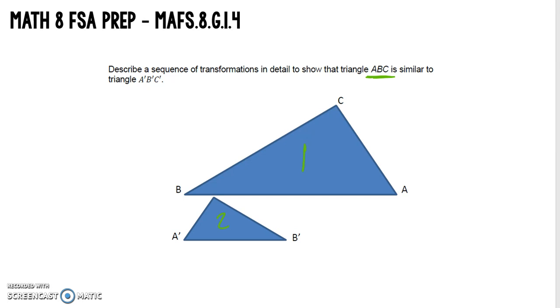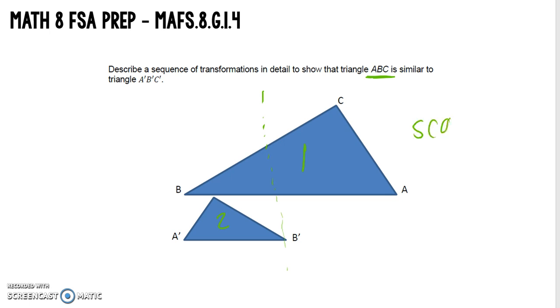What happened here is it did reflect again. So it reflected, and then what did it do? It reflected and then it dilated. If I had an imaginary line here, I reflected over it, then I dilated it.